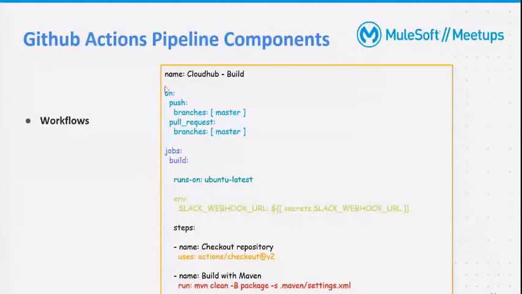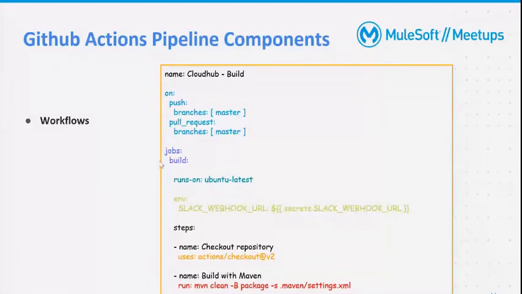So on push to your branch: if any push happens on your master branch, trigger this workflow. If a pull request happens on your master branch, trigger this workflow. That is what on declares. Here you can have multiple branches, master, comma, dev, comma, and so on, comma separated. Right now we are focusing only on production deployment, so we'll take care of only master.